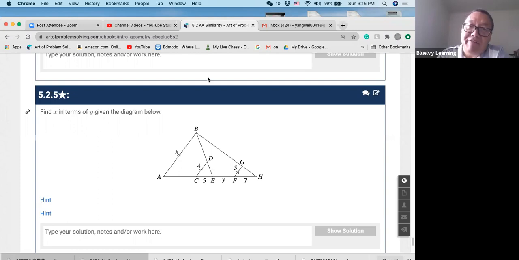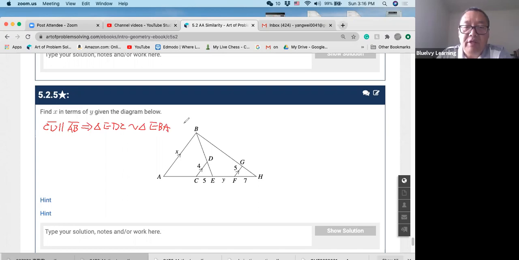This one definitely you still need to use similar triangles to do that, right? Since CD is parallel with AB, we can get triangle EDC similar with triangle EBA. This small triangle is similar with this one.